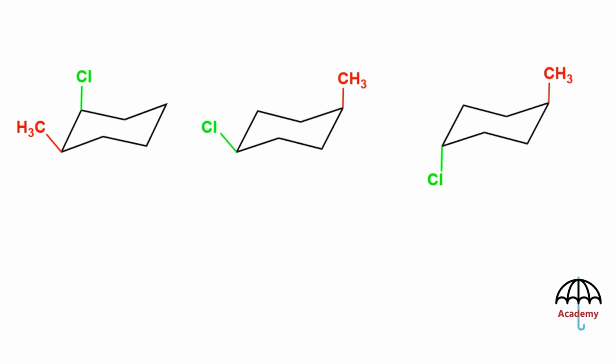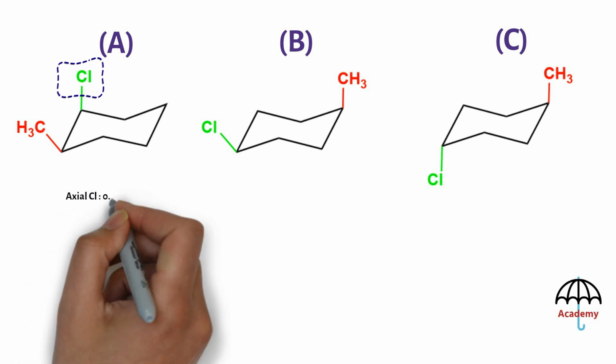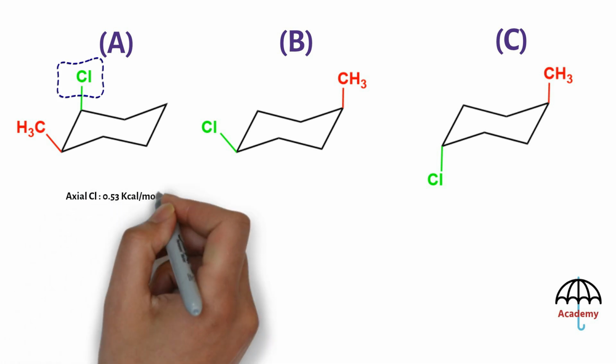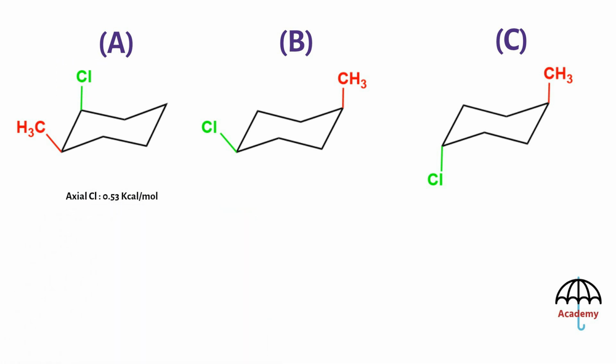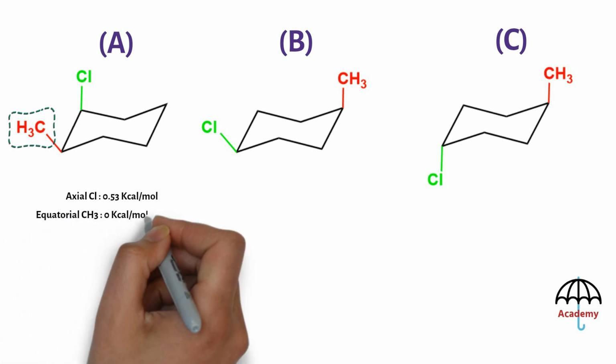Consider these different conformations of chloromethylcyclohexane. Let us mark them as A, B, and C. In this conformer A, the axial chlorine contributes 0.53 kilocalories per mole torsional strain. The equatorial methyl doesn't contribute any torsional strain.